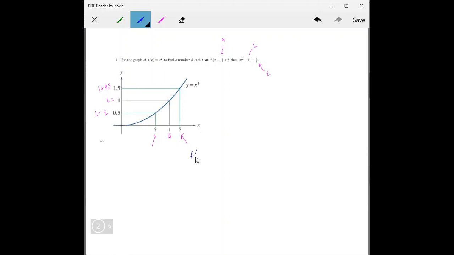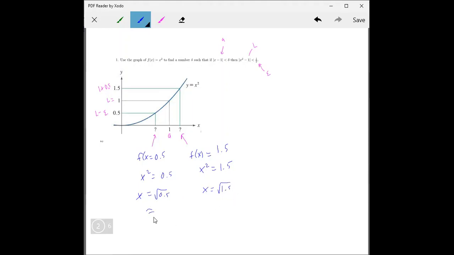So you want to solve f of x equals 1.5 to get that one, and f of x equals 0.5 for this one. Since f of x is x squared, x squared equals 1.5, or x squared equals 0.5. So x would be the square root of 0.5 here and the square root of 1.5 there.